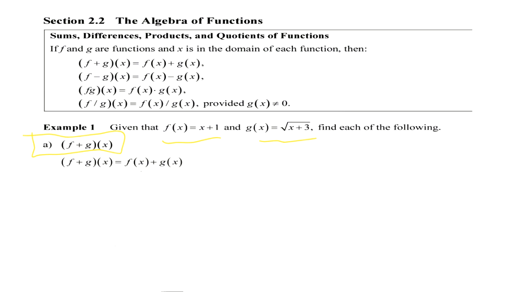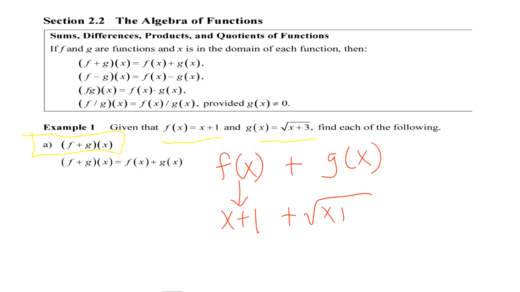My f of x is x plus 1, and my g of x is the square root of x plus 3. Now I just add this information, so I have x plus 1 plus the square root of x plus 3.